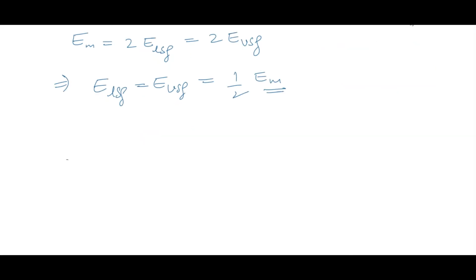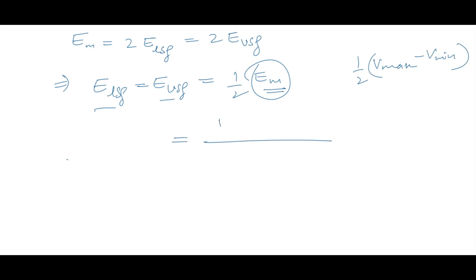The value of ELSF and EUSF in terms of Vmax and Vmin can be calculated by substituting EM equals half of Vmax minus Vmin, which we have already seen. So their new amplitude will become half of Vmax minus Vmin divided by 2, or alternatively you can write 1 by 4 Vmax minus Vmin.